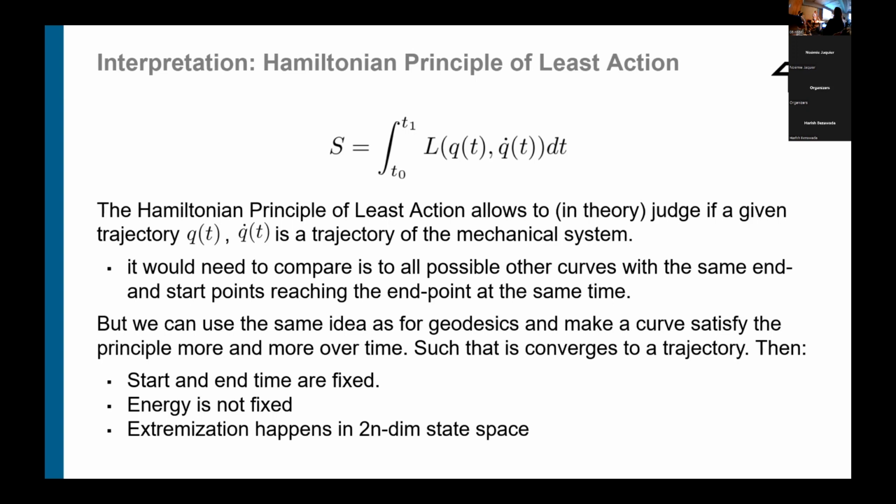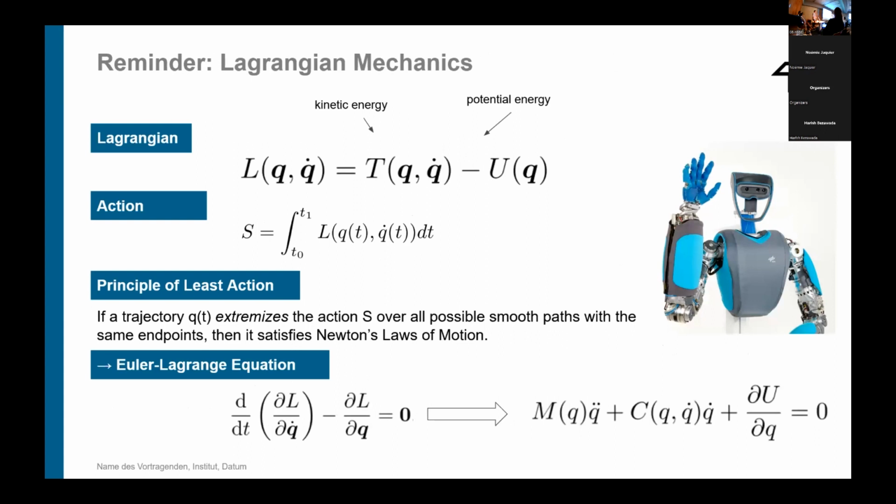And this is hard. But we can use the same idea as for geodesics, and then we get ordinary differential equations as initial value problems, and then solve those. So this is the same as for geodesics. There we had the arc length integral and the geodesic equations, and here in mechanics we have the action integral and the Euler-Lagrange equations. It's just the same thing.